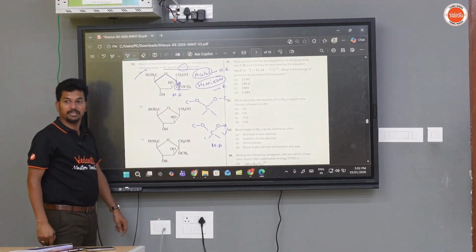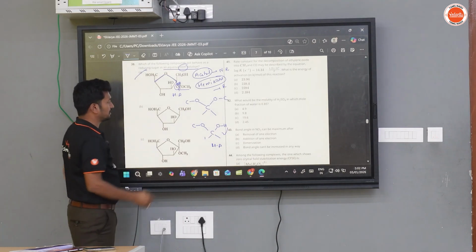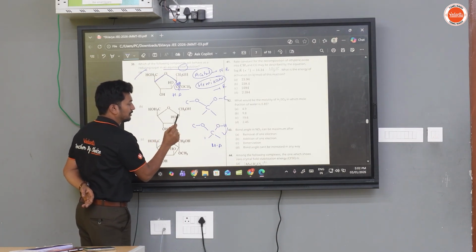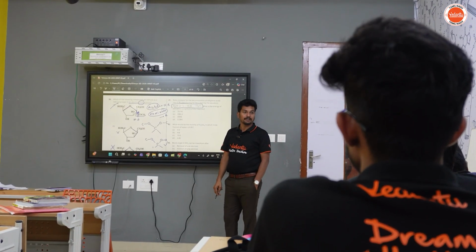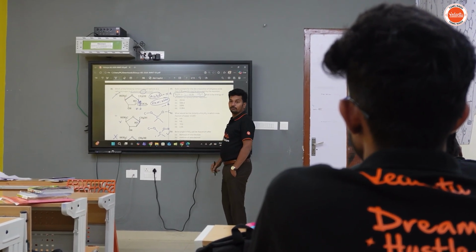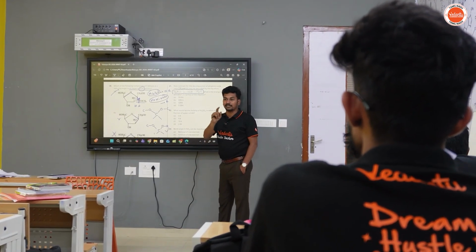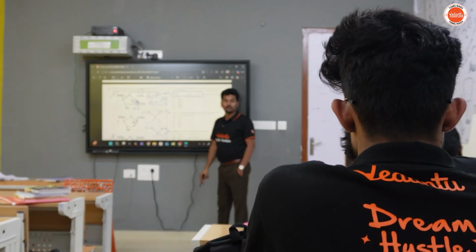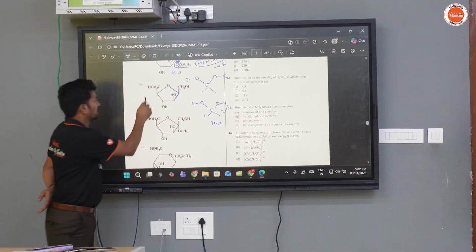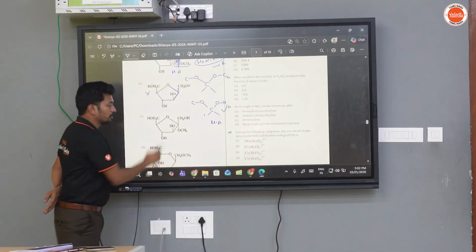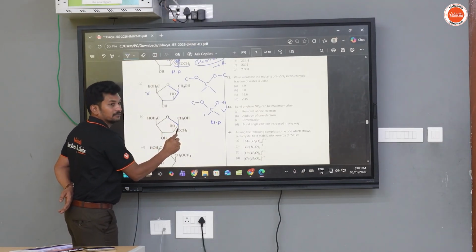Whereas this, you look at option B. Here, first of all, we don't have hemiacetal or acetal at least, because consider any carbon, for example this carbon attached to oxygen, again attached to carbon. Will it be hemiacetal or acetal? No, it won't be. Whereas if you look at this one, here no carbon is directly attached to two oxygen atoms, so you can leave it. Next, this carbon is attached to oxygen, and this carbon is attached to oxygen.